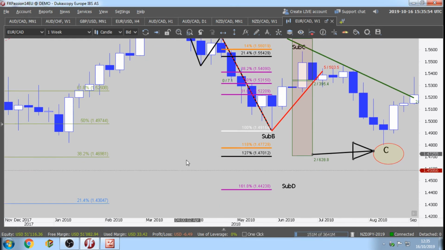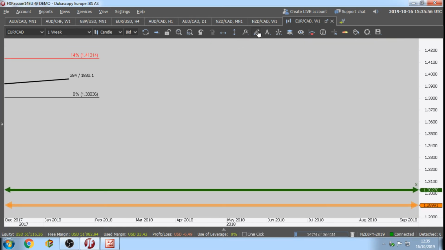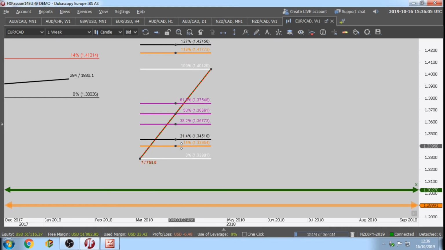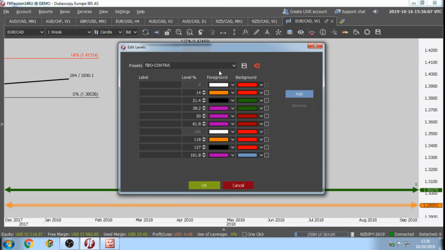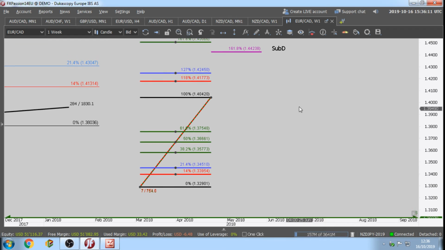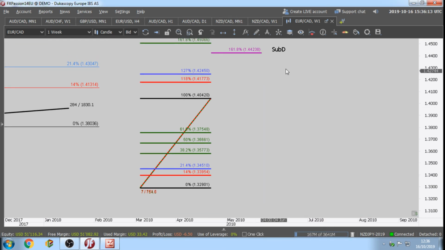If you are trading, everybody, if this is the original Fibonacci in here, let's color code this differently, edit levels. If this is the original Fibonacci in here, and you are trading a retracement, right?